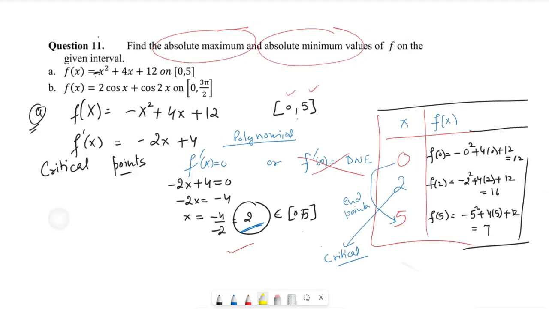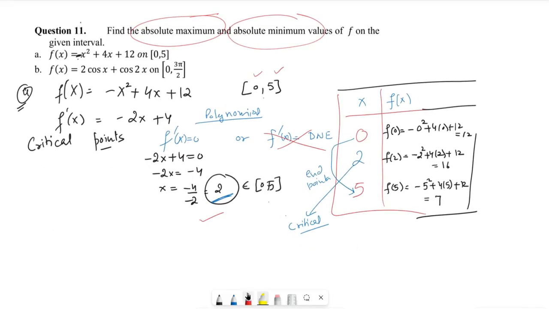Now, once you have the values, you need to check out of these values 12, 16 and 7, which one is maximum? 16. So, f has absolute maximum at x is equal to 2 and absolute maximum value is equal to 16.